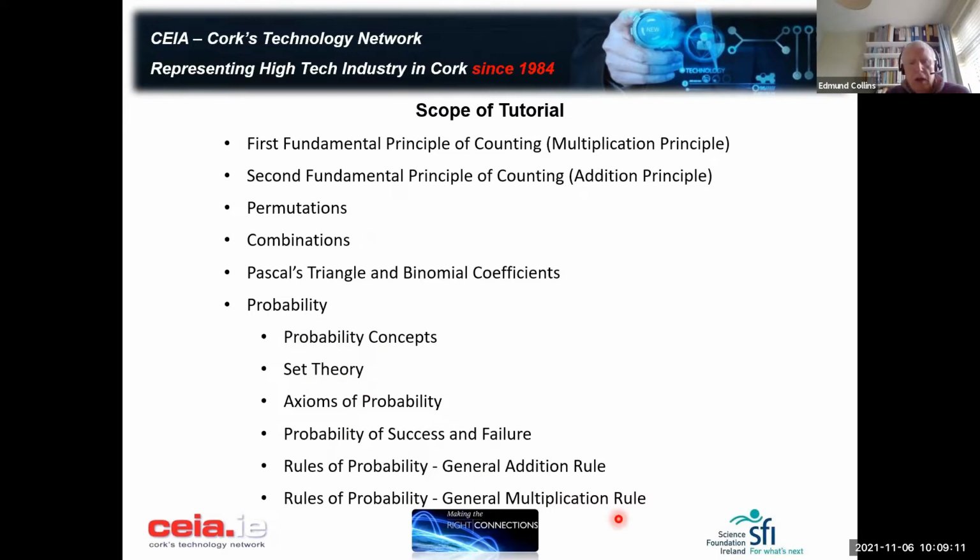Now, just in relation to problem solving and questions on probability in the Leaving Cert, it's interesting that the questions often don't require a lot of working, in the sense that you would in a trigonometry question, where you'd have quite a bit of working out to do, calculations and so on, using algebra and that type of thing.